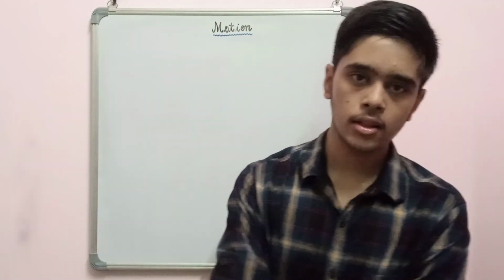After that the last topic, and there is one more topic, the graphical way of deriving the equations of motion, that is also left. So in the next video we'll be covering that, and we'll be practicing some questions. Okay, till then, goodbye.